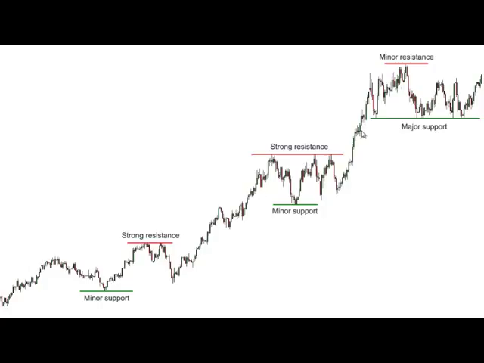Not only can you use these as breakouts, you can also tell when the trend is beginning to reverse, based on the level of support and resistance and how strong they are. Back down here, our first level of minor support is drawn whenever we have a nice level of rebound.